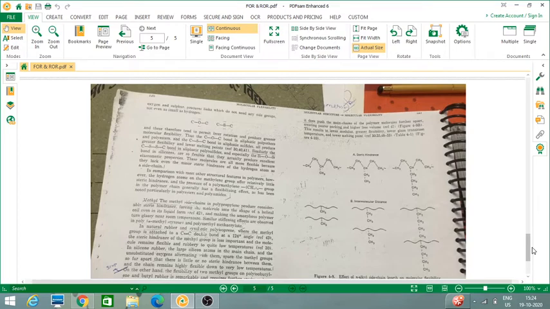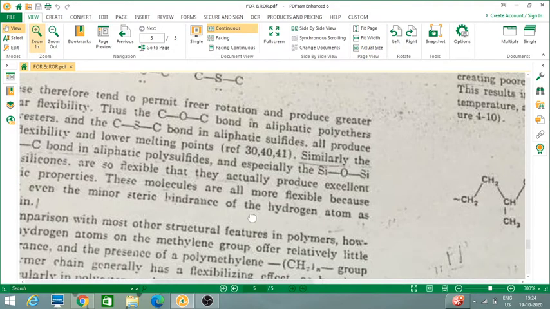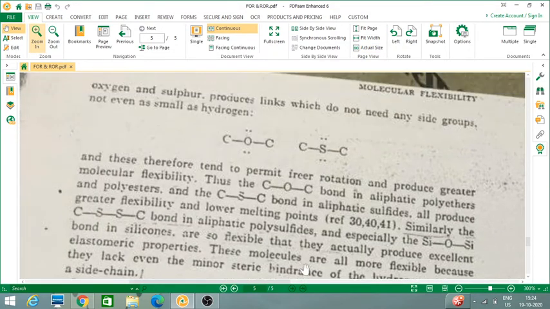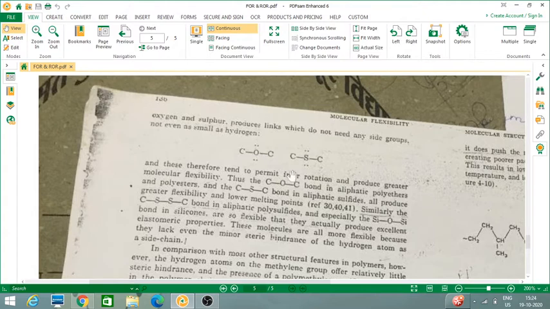So with valency of 2, oxygen and sulfur produce links which do not need any side groups, not even as small as hydrogen. So C–O–C and C–S–C, and these therefore tend to permit free rotation and produce greater molecular flexibility.